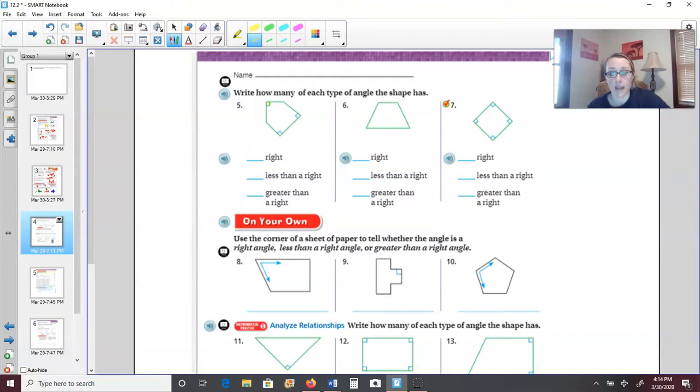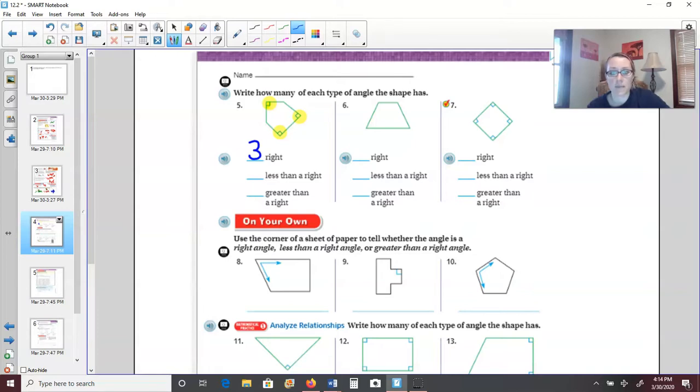So I'm going to highlight here. Here's 1, 2, 3. So we have 3 right angles. Keep going back and forth between the pen and the highlighter.